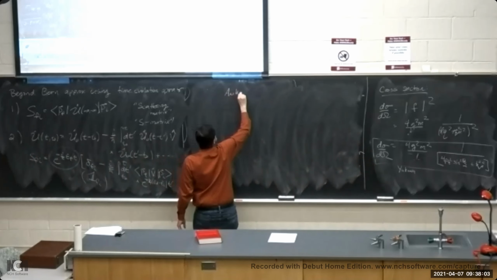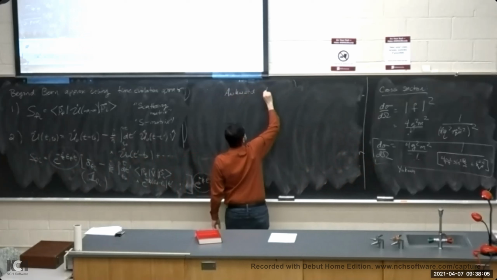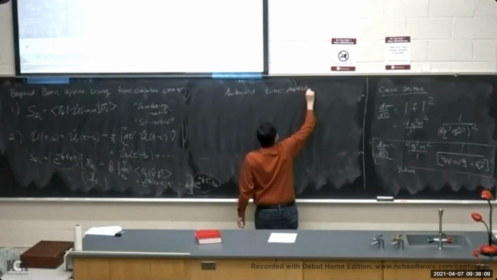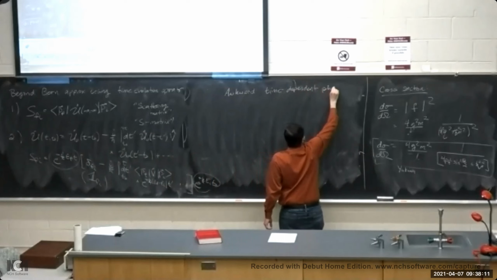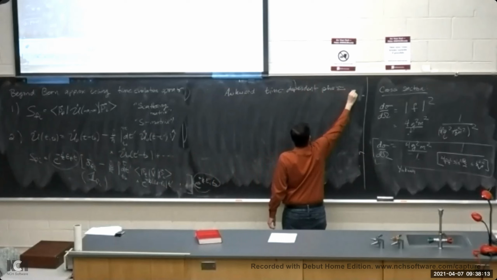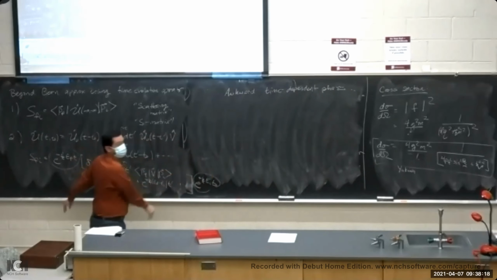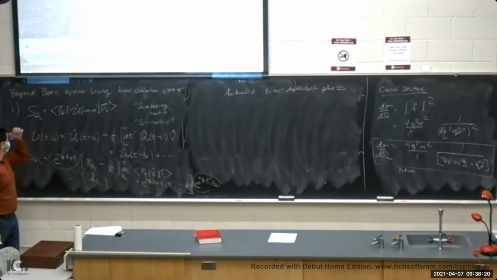So, awkward phases. Before, we got around this by saying, let's just take the absolute value of this thing. If we want the full information on how to get the scattering amplitude, we can't do that. We need all of the phase information and can't just take overall absolute values.